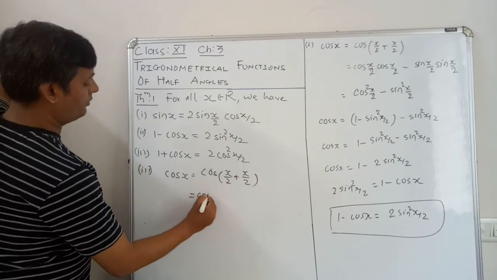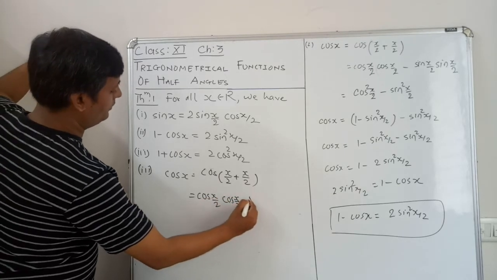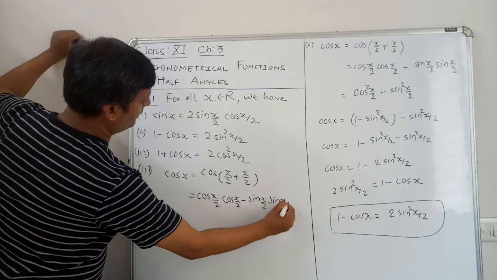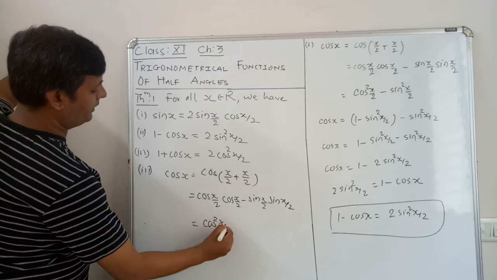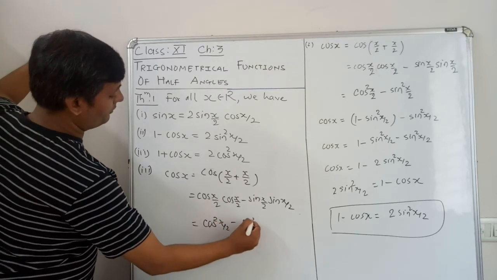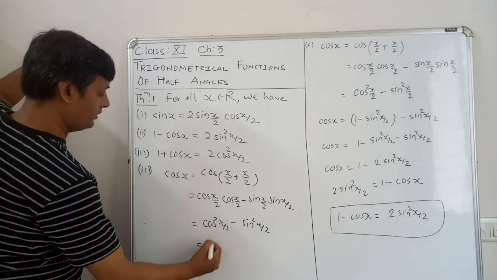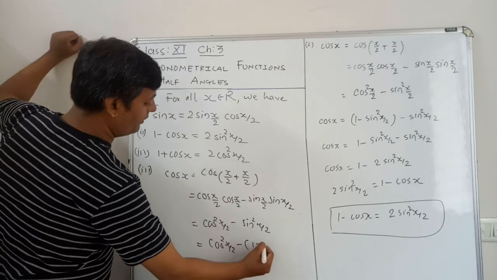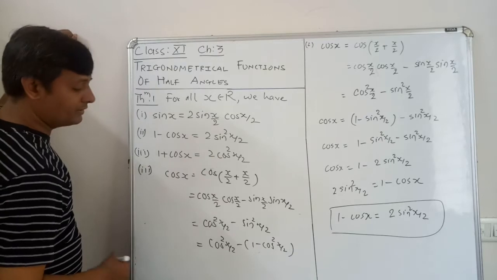Understand? So cos x by 2 into cos x by 2 minus sin x by 2 into sin x by 2. So you can simply write cos square x by 2 minus sin square x by 2. Got it? Now we can write sin square as 1 minus cos square x by 2.